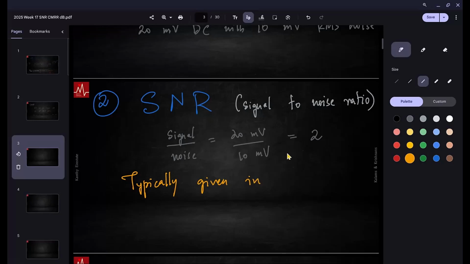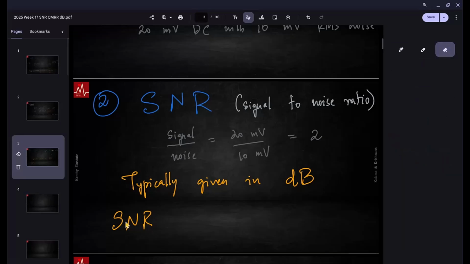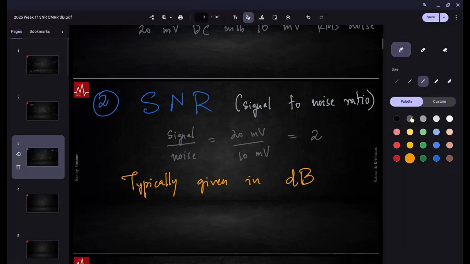Given in dB. And so SNR in dB, the ratio has no units. This is SNR in dB.